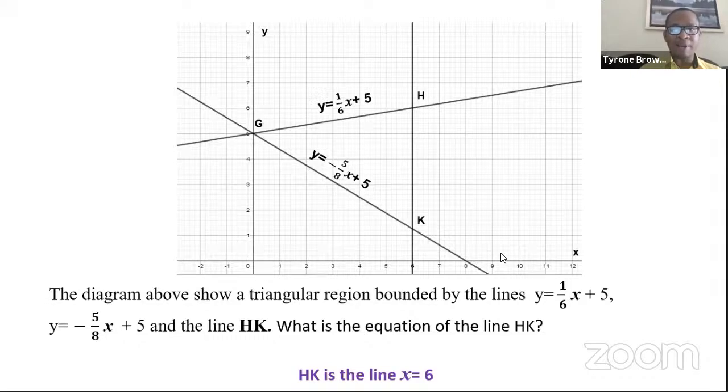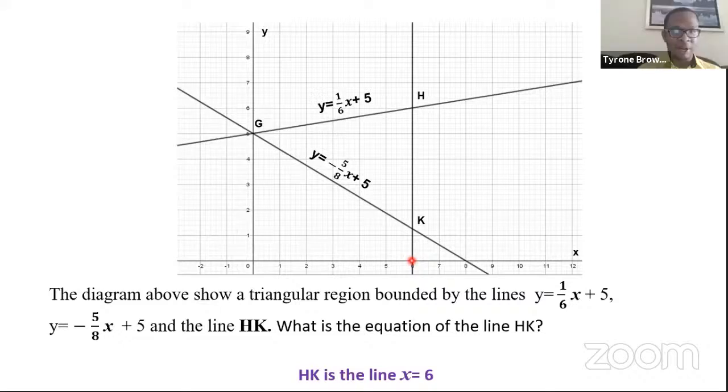We can check that in terms of the coordinates along the line HK. Let me do a little bit of annotation. If we were at this point on the line, what would be the coordinate? Look at the marker. Okay, 6, 0. All right, very good.